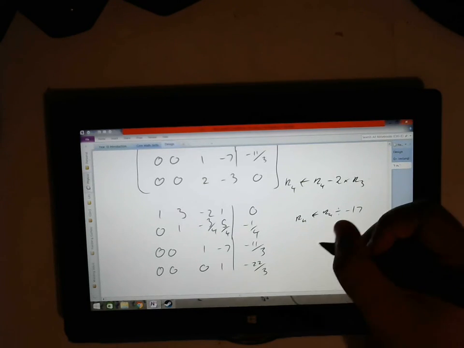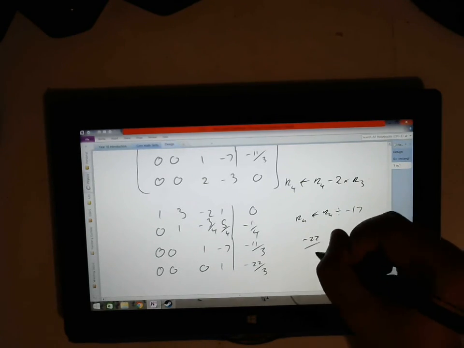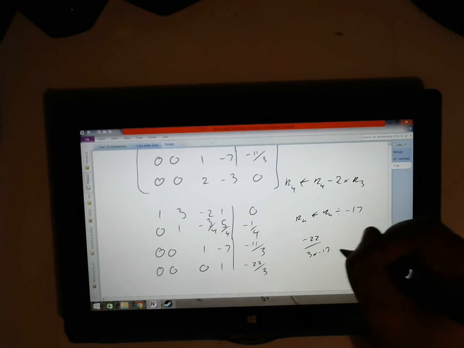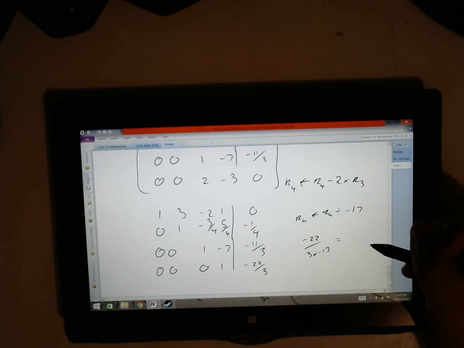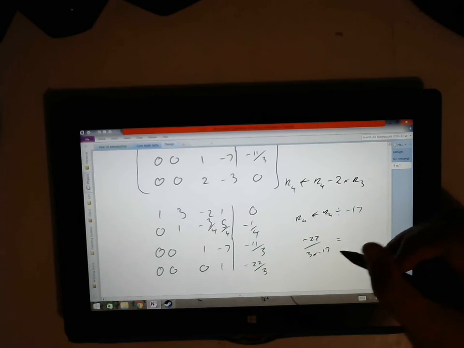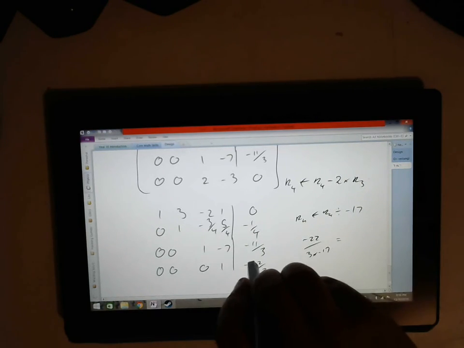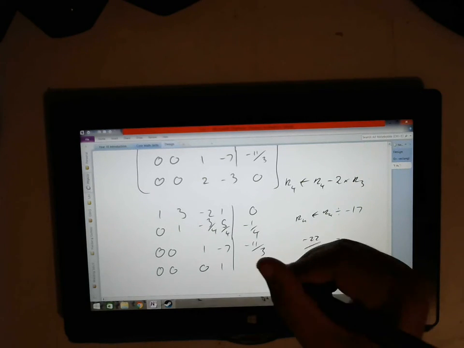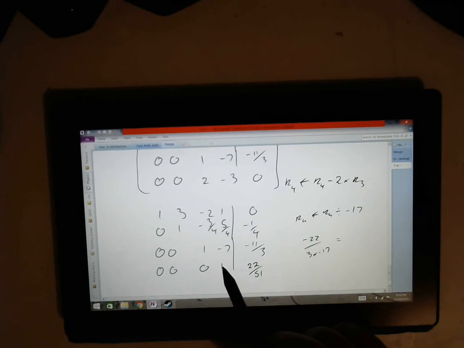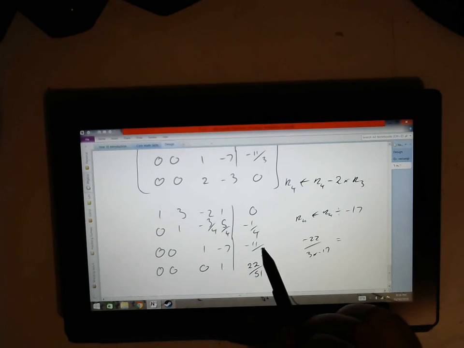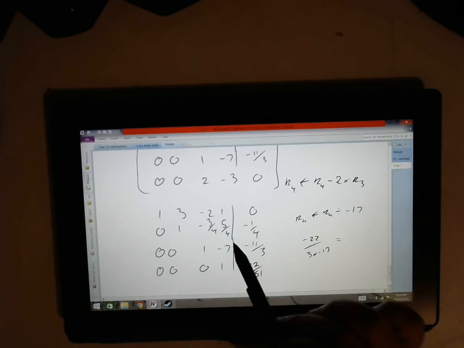So negative 22 over 3 times negative 17 gives us, well, 3 times 17 would be 51, and the negatives would cancel, so we'd end up with 22 over 51. So our x4 value equals 22 over 51. Then backward substitution: work out the rows above, rearrange, and you've just got substitution.